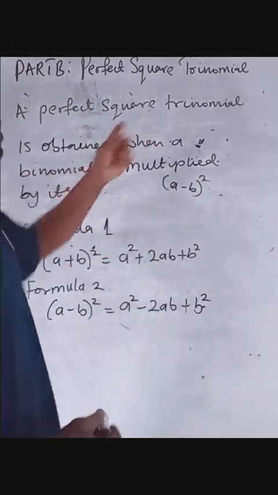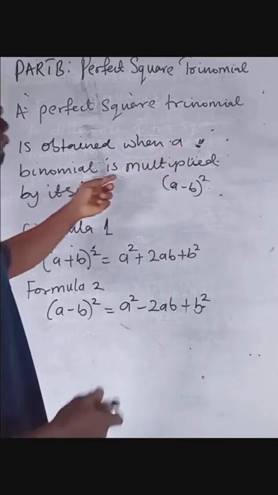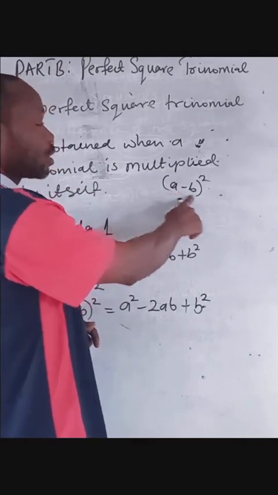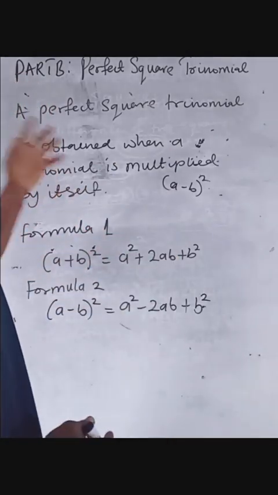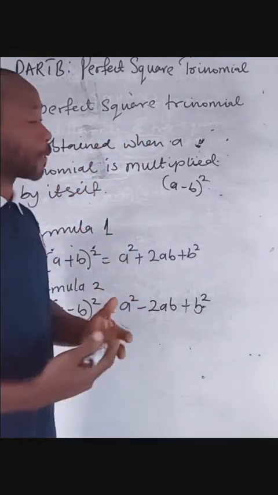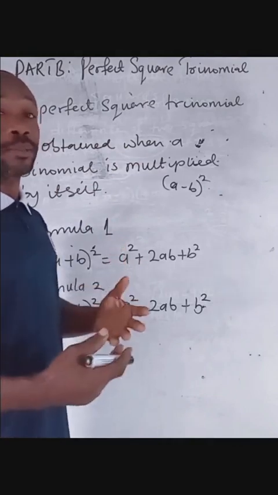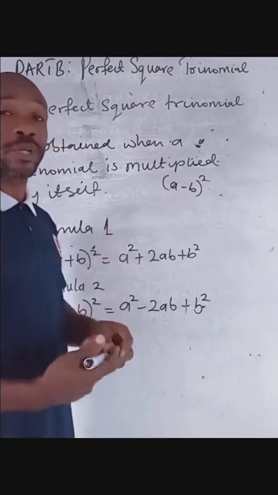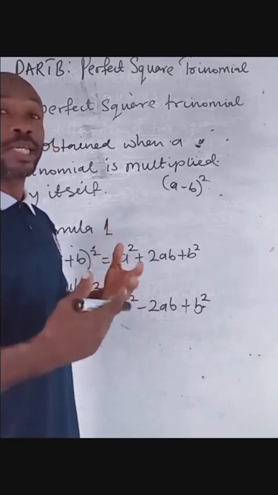A binomial is an algebraic expression that has two terms. When it is multiplied by itself, a perfect square trinomial is obtained.